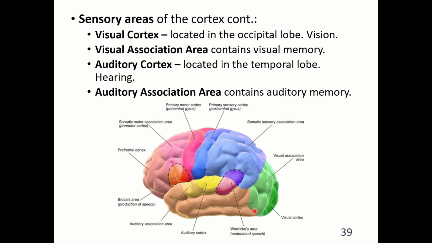This is the area which will store the memories of the objects you have seen and of colors, etc. The auditory cortex is located in the temporal lobe, and it will process hearing. The auditory association area will contain memories of the sounds that you have heard.